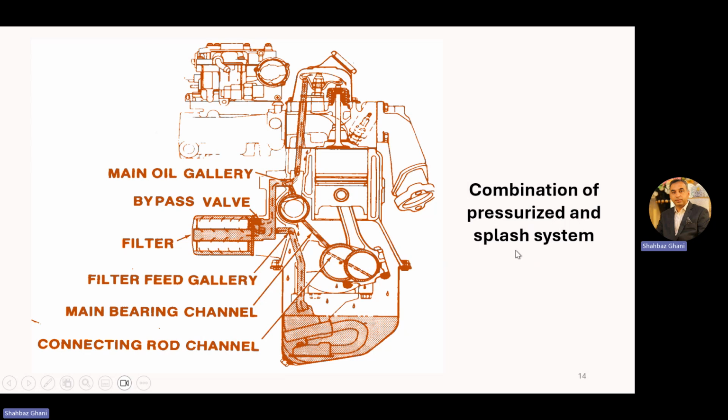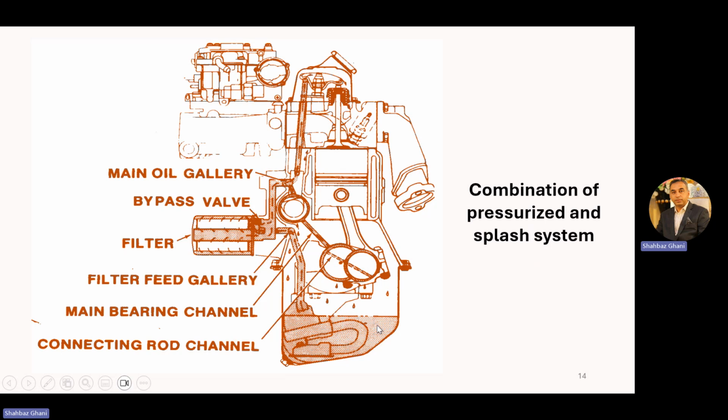Combination of pressurized and splash. Let's first see what it is. Here we have this crankcase or the oil sump. This is the oil. Main oil gallery, bypass valve, filter feed gallery, main bearing channel, connecting rod with channels.